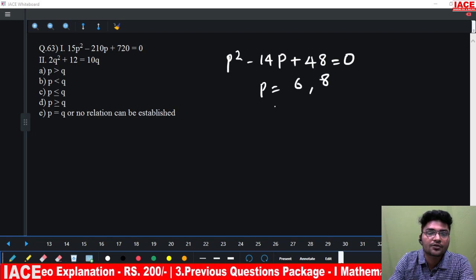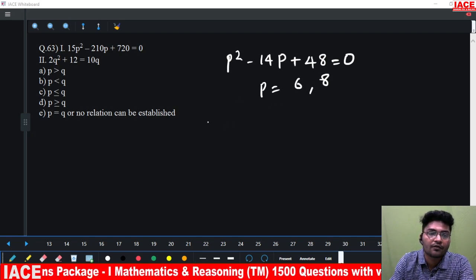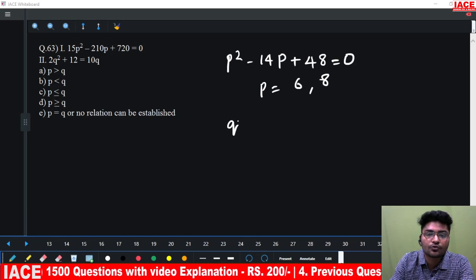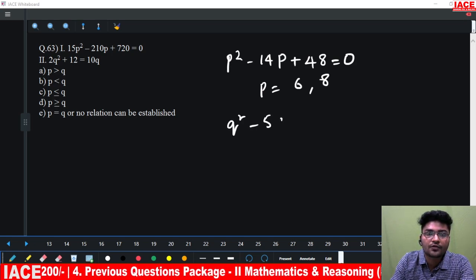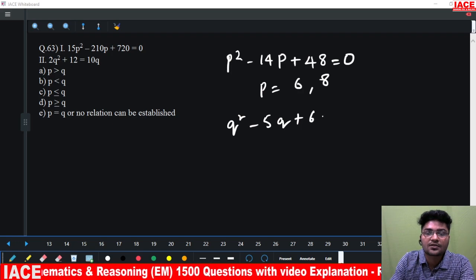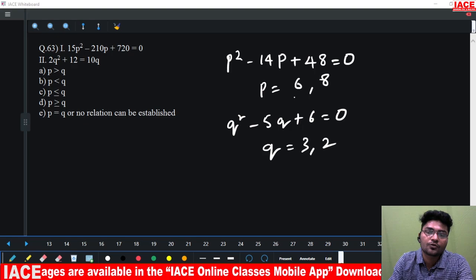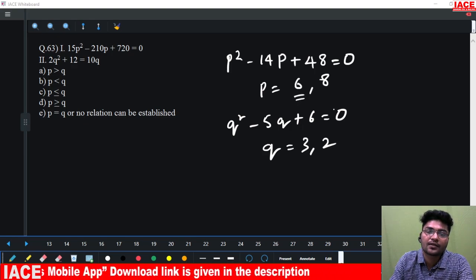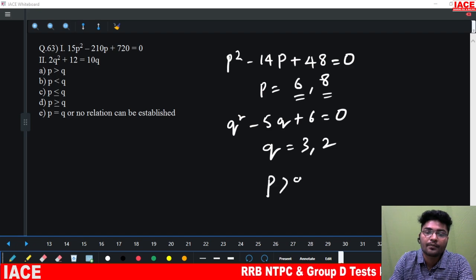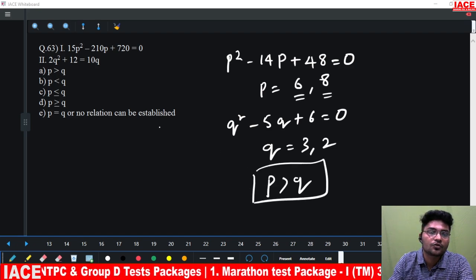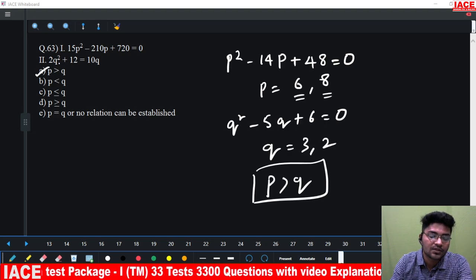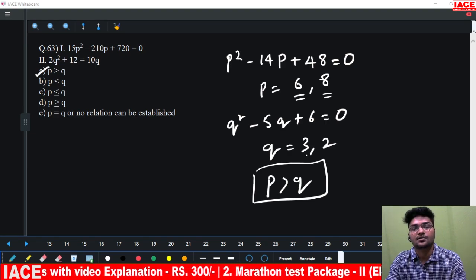Similarly q, if I cancel out 2 everywhere, I'll get q square minus 5q plus 6 equals to 0. So q value will be 3 comma 2. So if p is equals to 6 greater than q, p is equals to 8 again greater than q. So our final answer will be p greater than q. P greater than q means the correct answer will be option A.